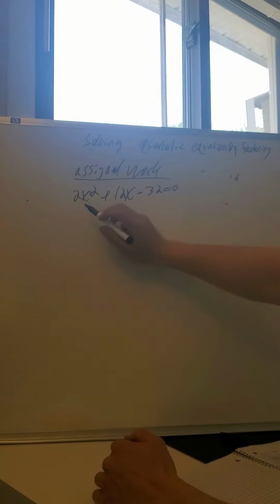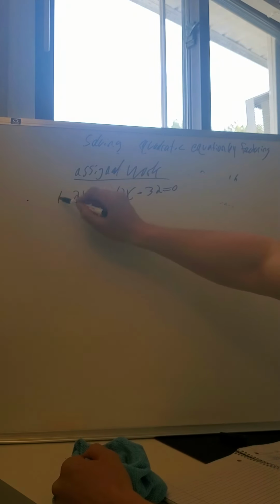Our first problem is going to be 2x squared plus 12x minus 32 equals 0. Now remember, like I said, a common misconception is that there's a coefficient, so it's so much more difficult now. No, it's really not that much more difficult. Just take the steps required, and you can get it done.